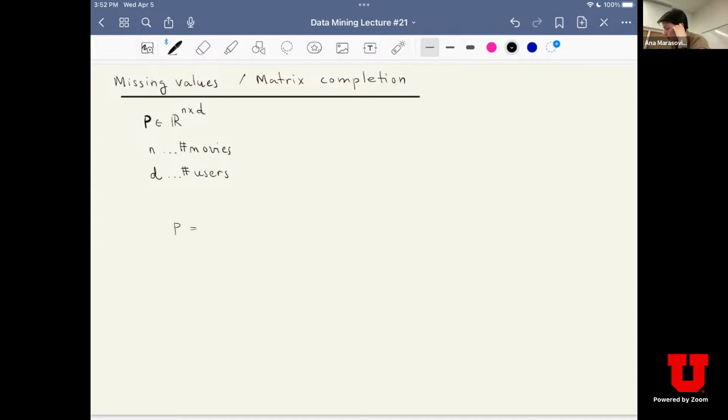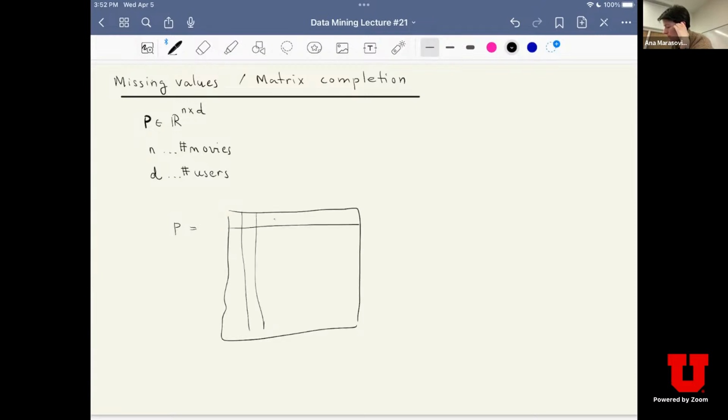Here we'll have movie 1, and then we'll have user 1, user 2, user 3, user D-1, and user D. And you can say, well, I don't really know what the value is here, but I do know what the values are in the rest of the row.